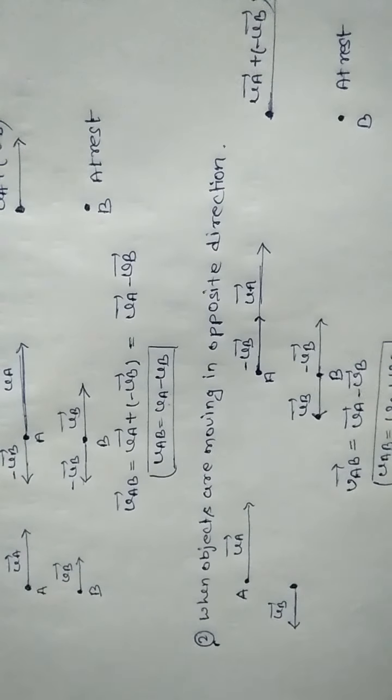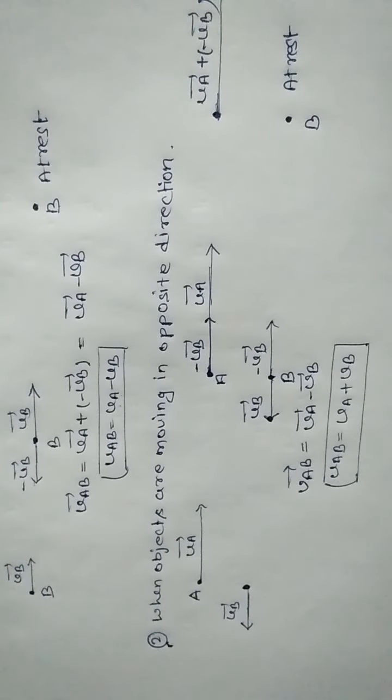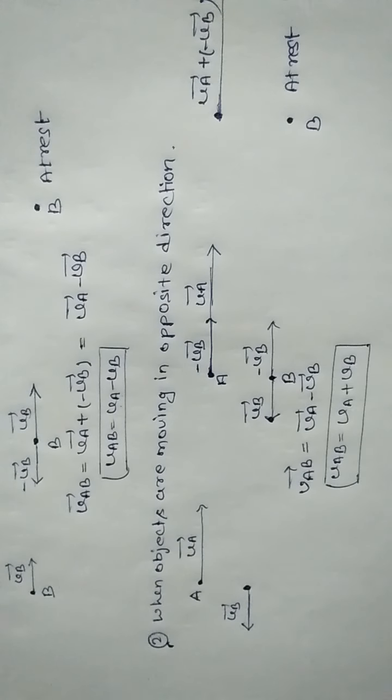This means when the two objects A and B move in opposite direction, the magnitude of relative velocity of A with respect to object B is equal to the sum of magnitudes of their velocities A and B.